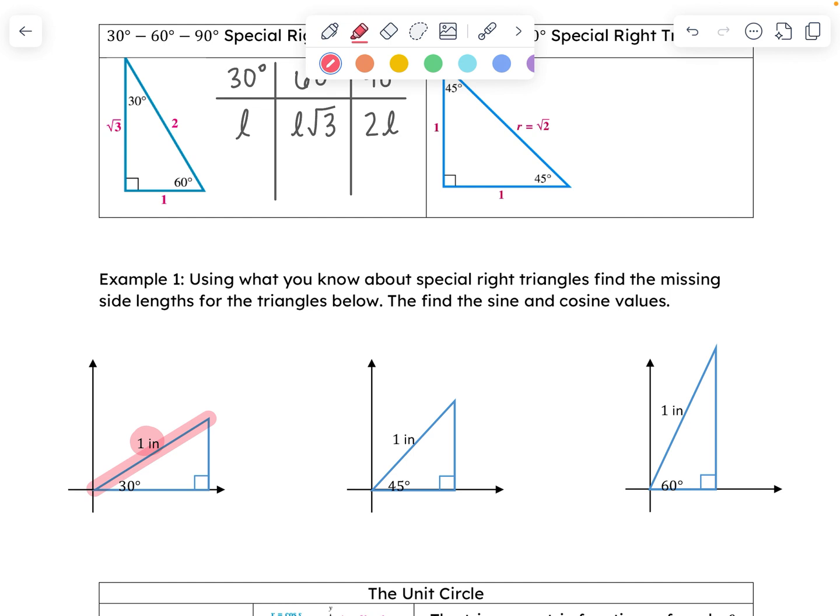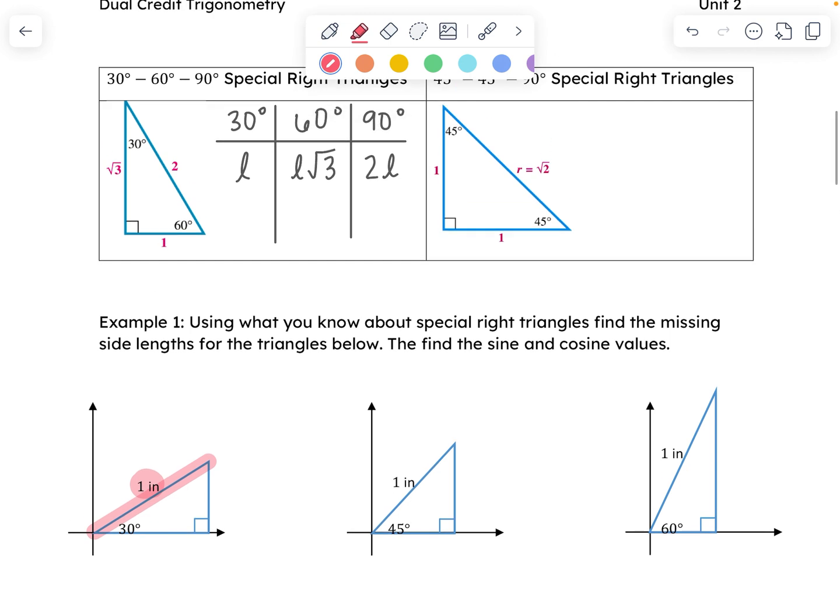1 unit. So let's see if we can use that 30, 60, 90 triangle table right there to figure out what our missing sides are. So I'm going to make my table down here: 30 degrees, 60 degrees, 90 degrees, L, L square root of 3, and 2L.